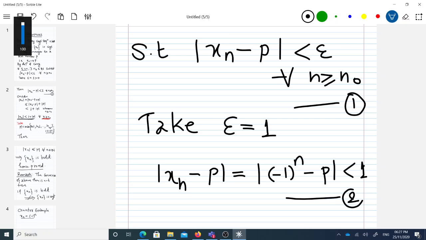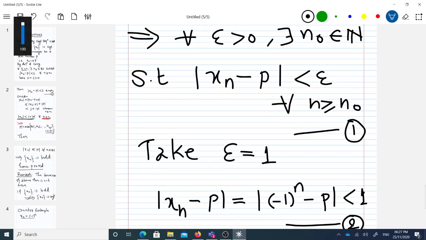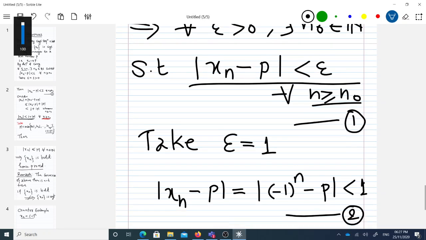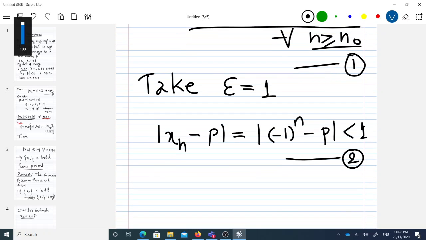This is number 2. This inequality holds for all n greater than or equal to n naught. So in particular, I will take n to be n naught.